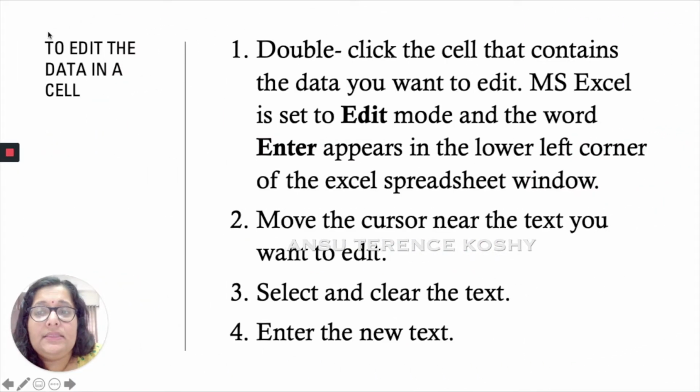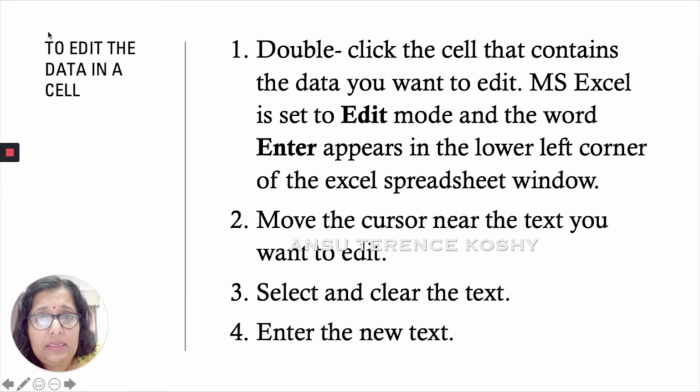To edit the data in a cell, there are basically two ways to do it. The first way is this. You need to double click the cell that contains the data you want to edit. MS Excel is set to edit mode and the word enter appears in the lower left corner of the Excel spreadsheet.